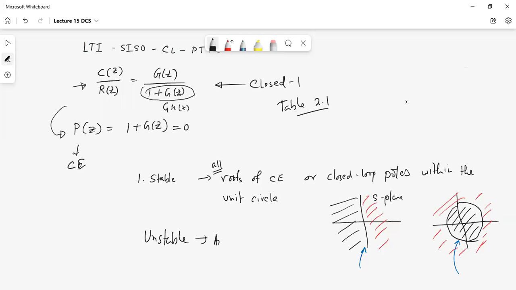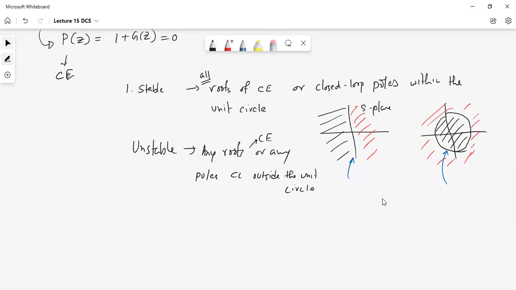Any root of the characteristic equation, or any pole of your closed loop pulse transfer function, outside the unit circle is the condition for an unstable system.